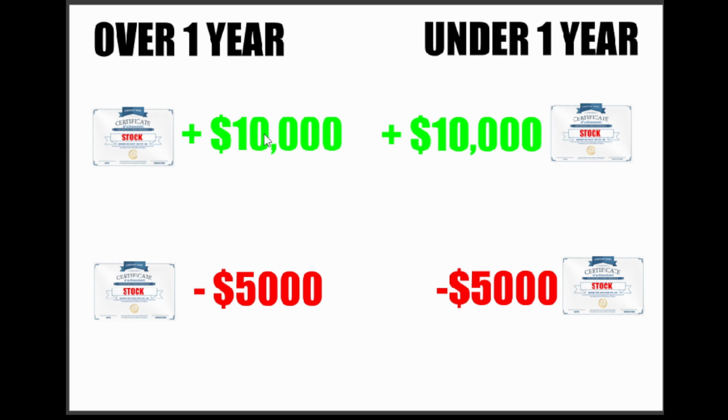Now, if you were to just sell this stock here, your tax rate would be 15%. But if you were to sell this stock here, your tax rate using the 32% tax bracket would be 32%. So let's see how we can best maximize the gains and minimize the taxes.